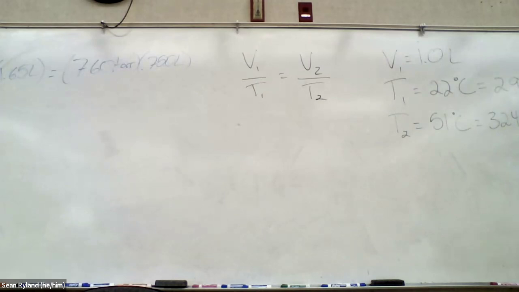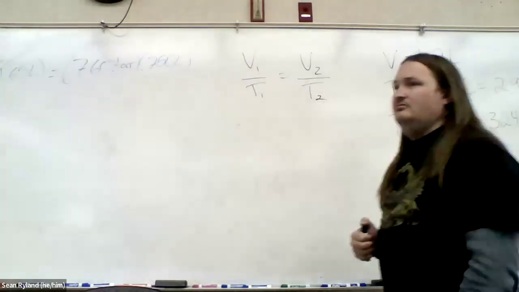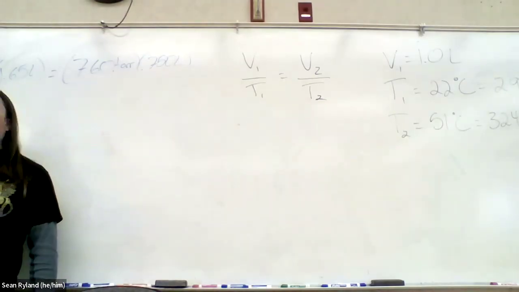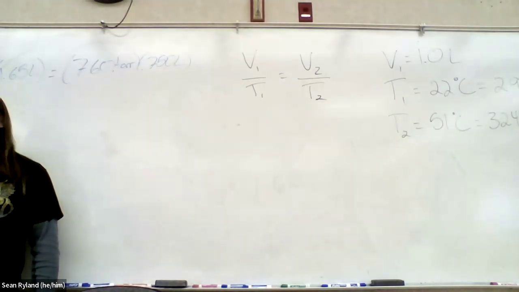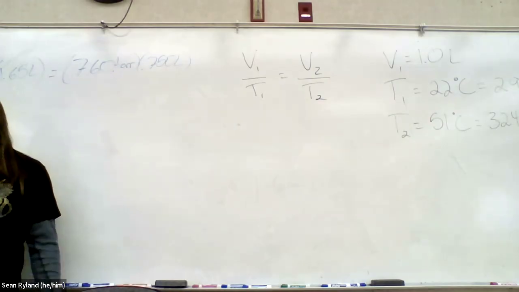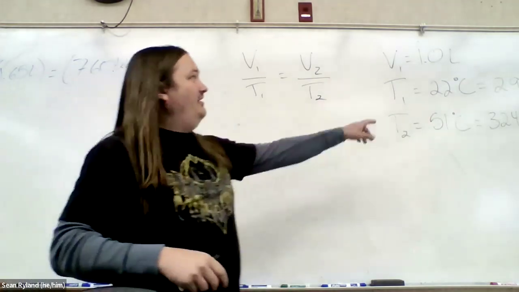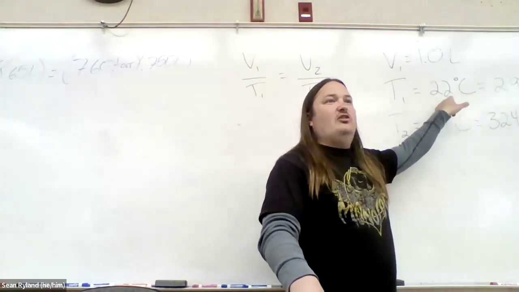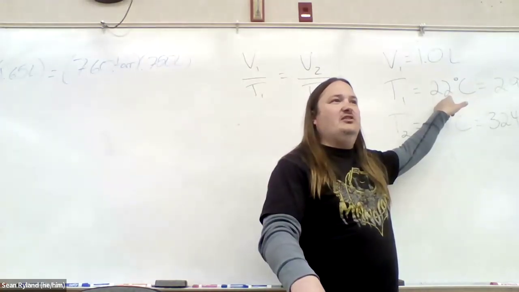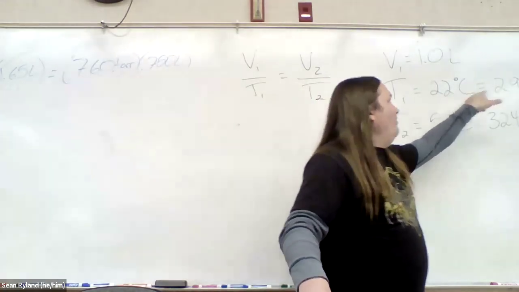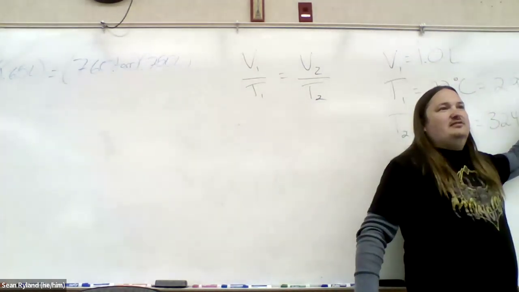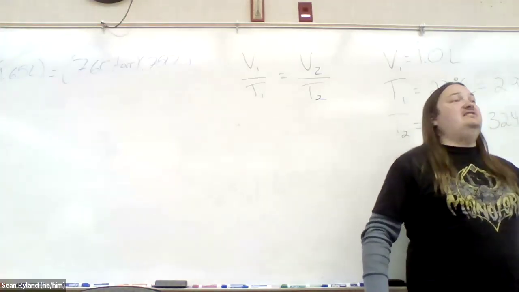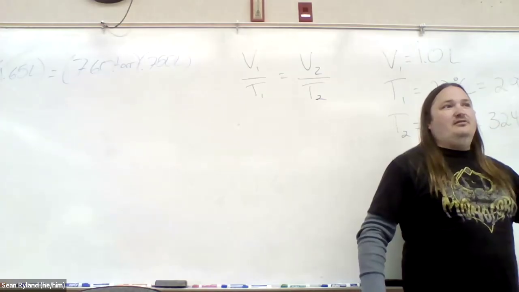How many sig figs do we keep when we're doing a Celsius to Kelvin conversion? It's an addition, right? So keep the same number of decimal points or keep the uncertainty in the same spot. So this is plus or minus 1 because the uncertainty is in the ones place, right? The last reported digit is in the ones place. So we're going to keep our uncertainty in the ones place. So we gain a sig fig. Remember, with addition and subtraction, we're not counting sig figs, we're counting uncertainty.